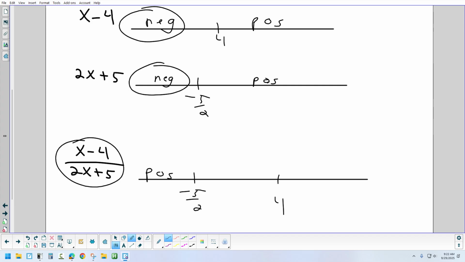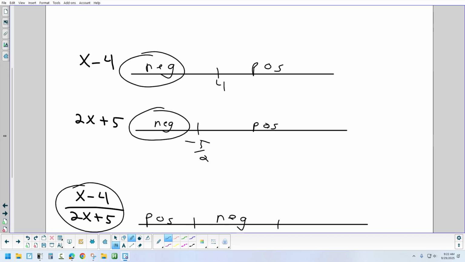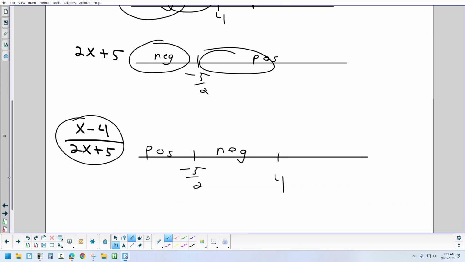What kind of answer will I get? Yep, I'll get a negative result. Because if you're between negative 5 halves and 4, that's a negative. Over there, that's a positive. And a negative over a positive is a negative.